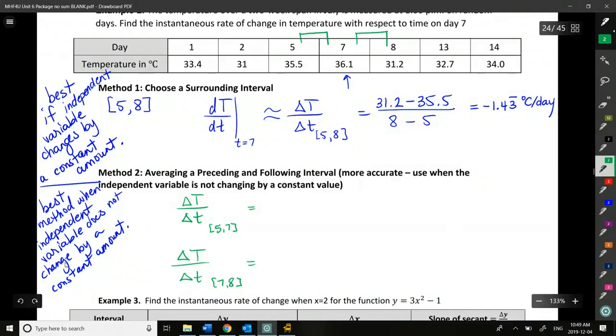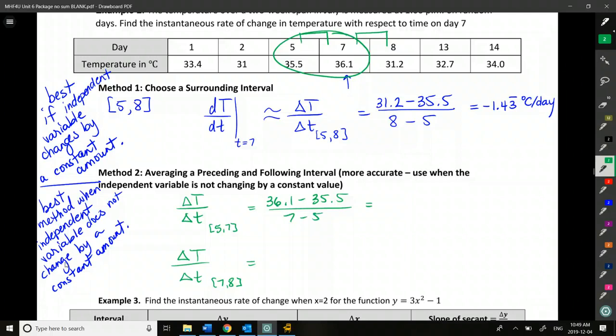So here's our first one: from 5 to 7, I'm going to do the change in temperature over the change in time. I'll get you guys to calculate that out for us.